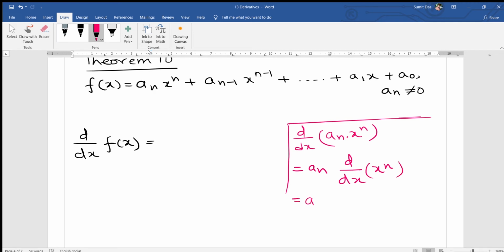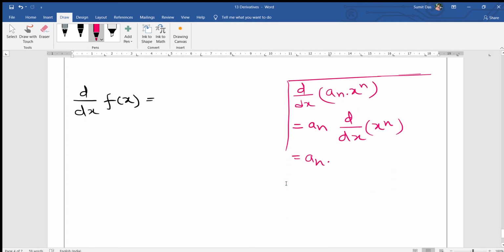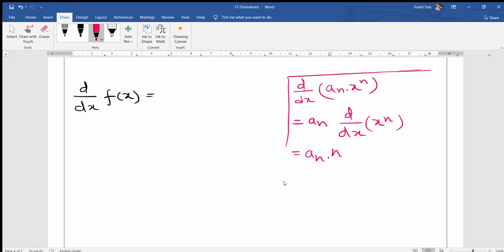What will be the d/dx of x to the power n? We just learned in theorem 9 that the derivative of x to the power n equals n x to the power n minus 1. So in the derivative of a_n x^n, we are getting n into a_n into x to the power n minus 1.